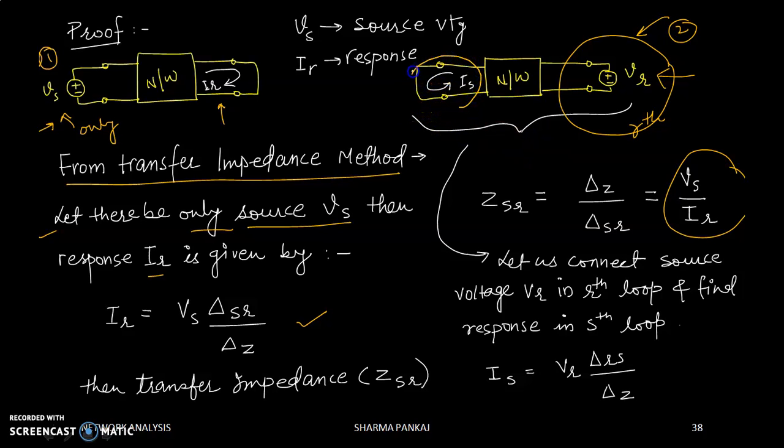This is your loop number S, that is the Sth loop. So the response in the S loop is given by Is is equal to VR into delta Rs upon delta Z.